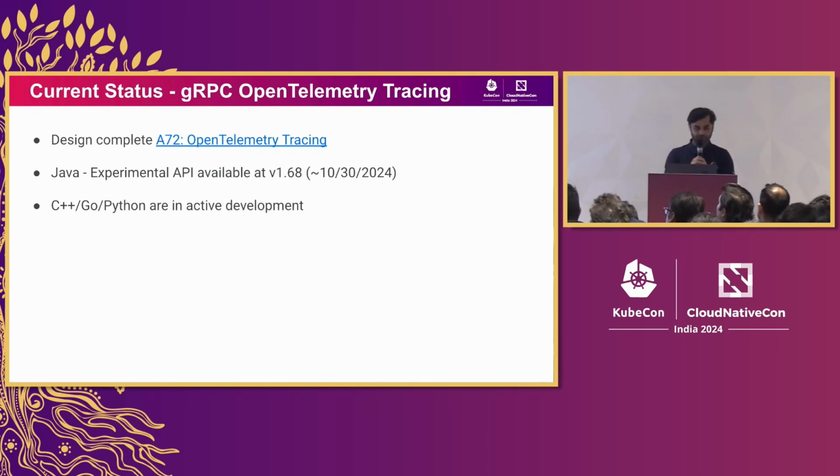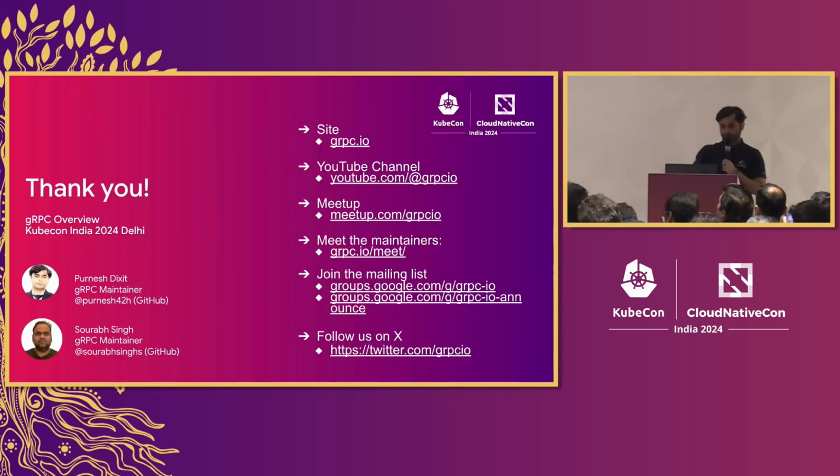Okay, so that's the current status of OpenTelemetry tracing. We have the design complete, and Java already has an experimental API in version 1.68. And C++, Go, and Python are in active development. So yeah, that was a whirlwind tour of gRPC OpenTelemetry.